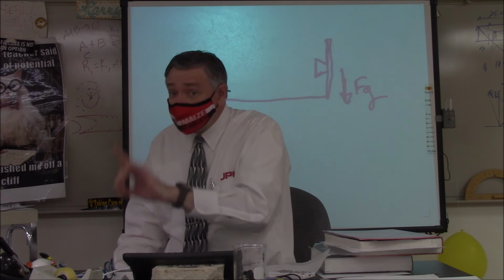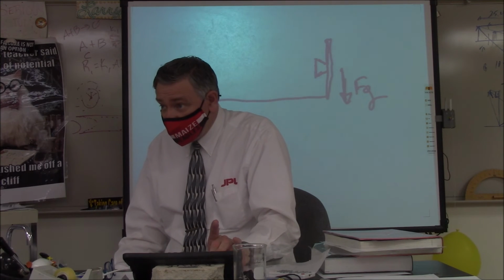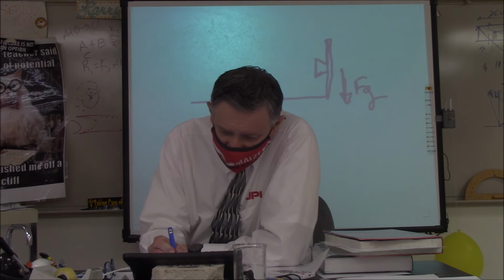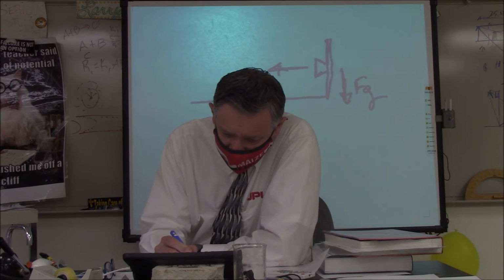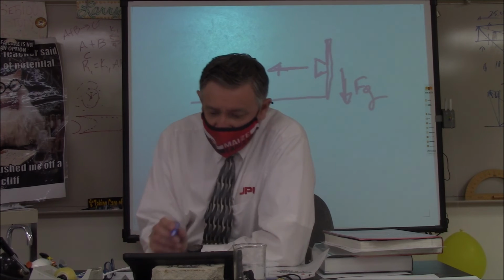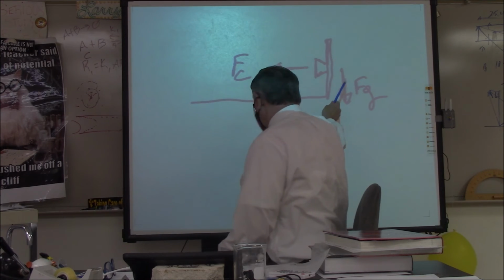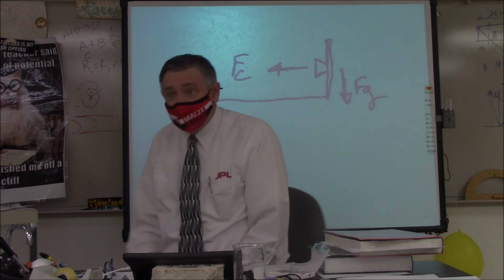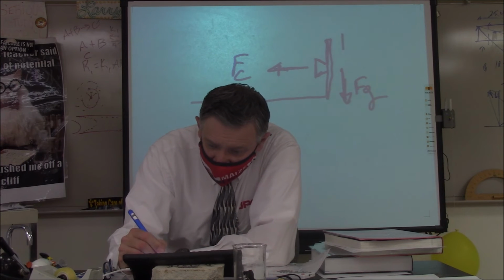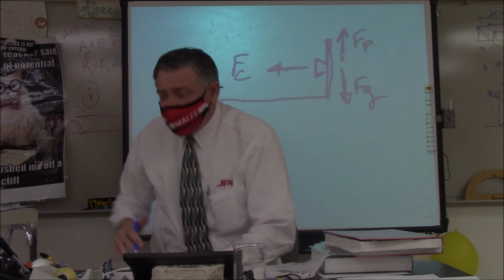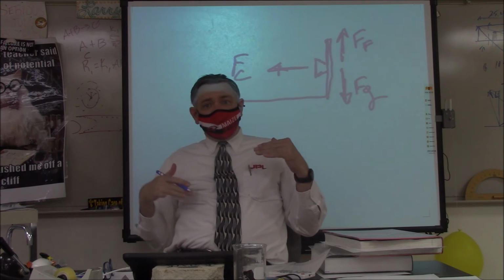There has to be a centripetal force which is going to act which way? Inward. So there's going to be some centripetal force acting on it, right? Now, there has to be something to balance out gravity, right? So there's going to be some frictional force that's acting upward to balance out gravity.